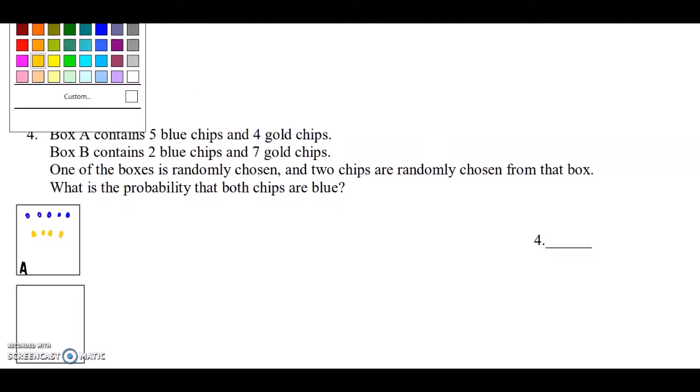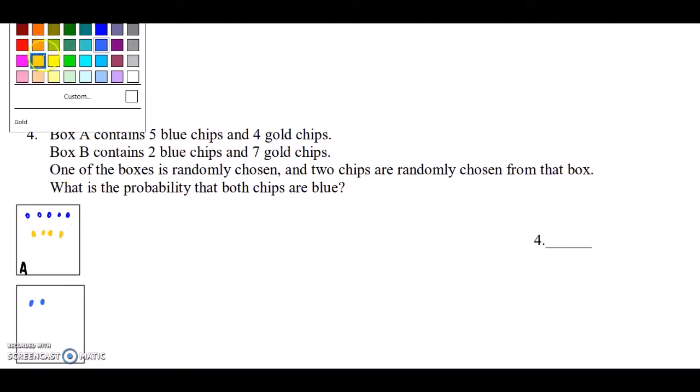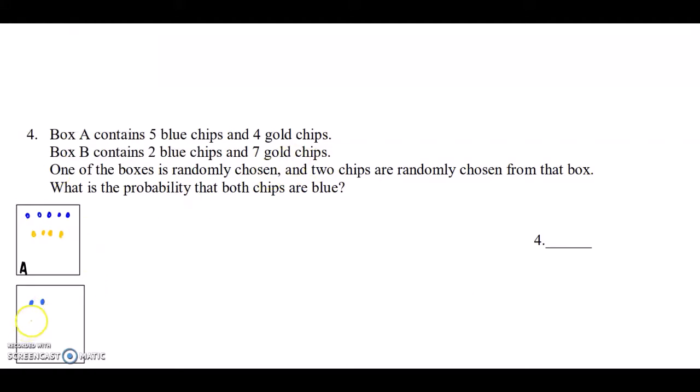In box B, we have 2 blue chips and 7 gold chips. One of the boxes is randomly chosen, and 2 chips are randomly chosen from that box. What is the probability that both chips are blue?